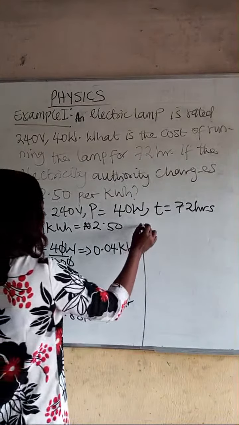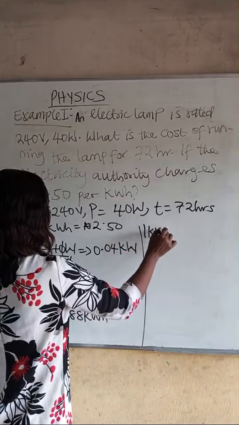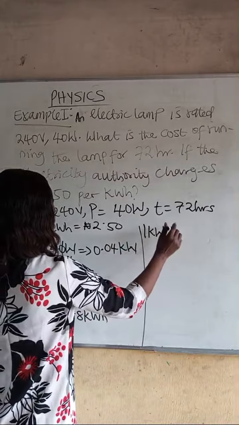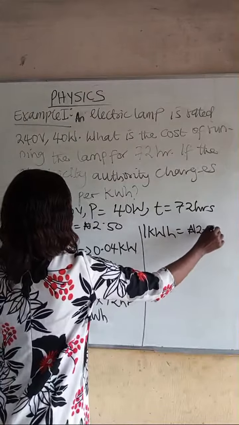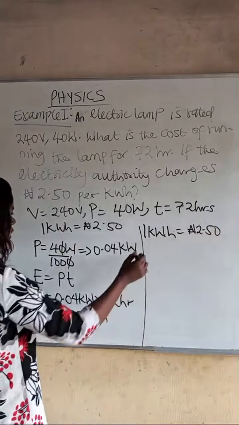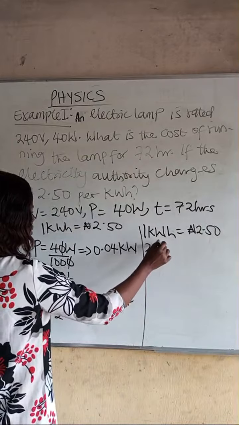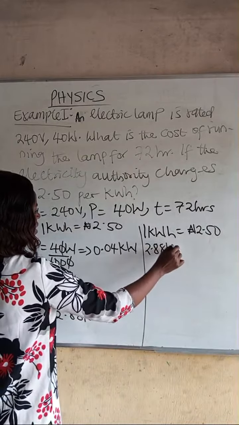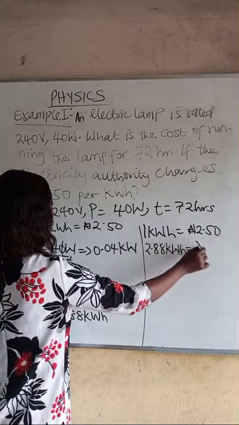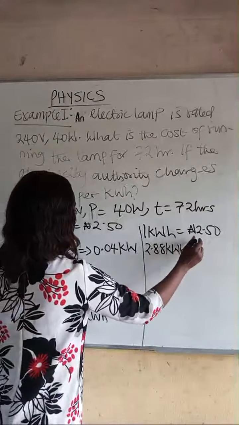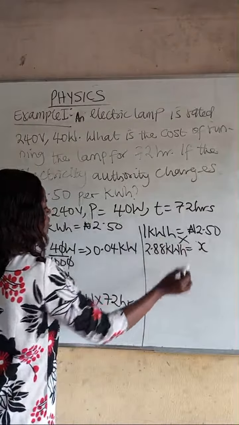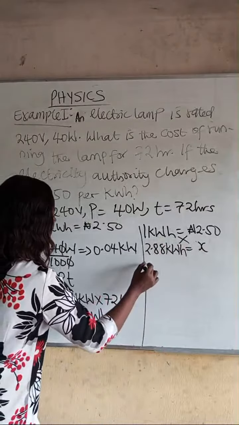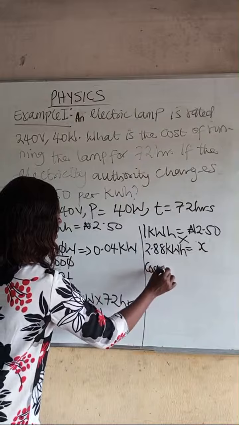Let's see how much it's going to cost us. If 1 kilowatt hour is equal to 2 naira 50 kobo, therefore 2.88 kilowatt hour is going to give us X. We simply cross multiply, and X is the cost I'm looking for.